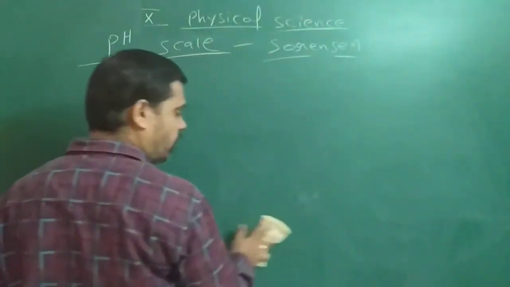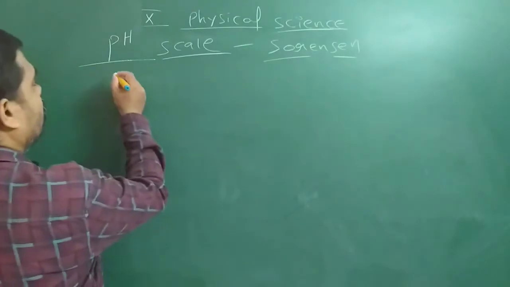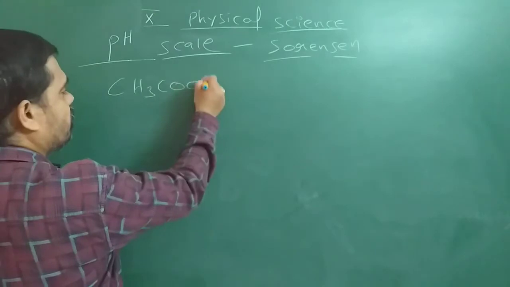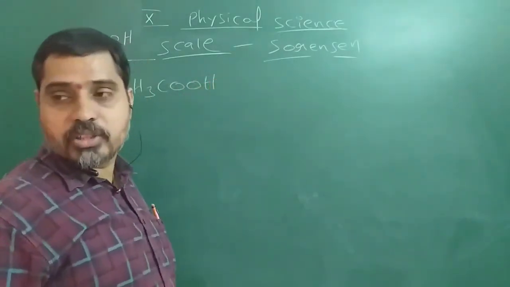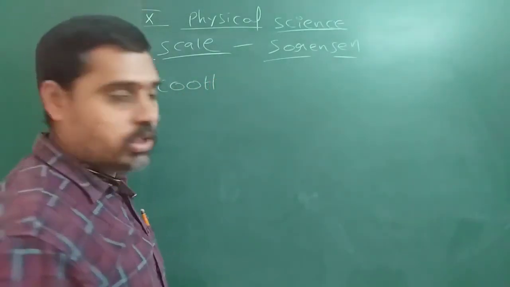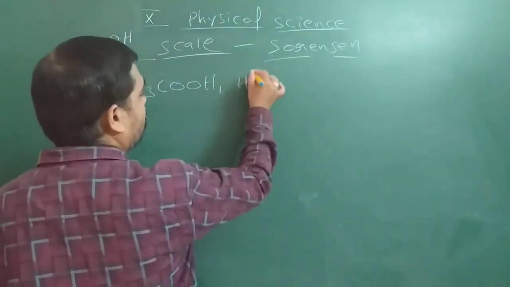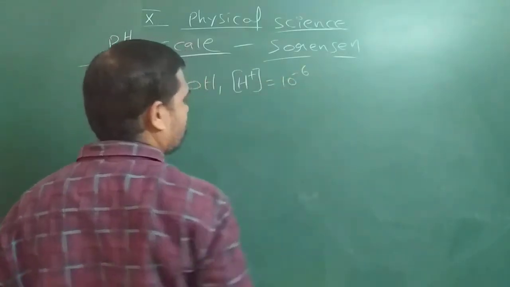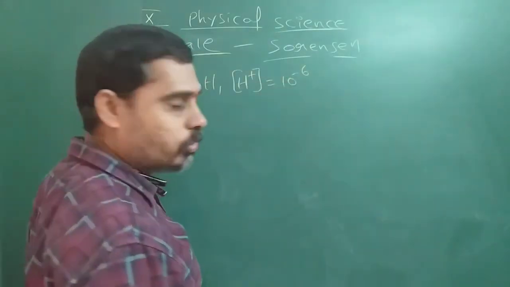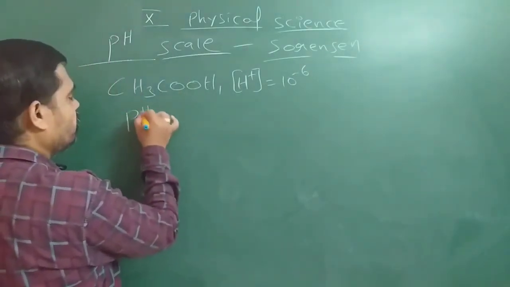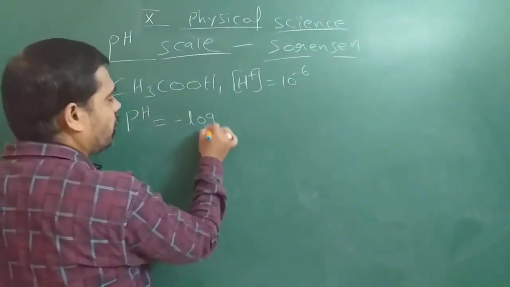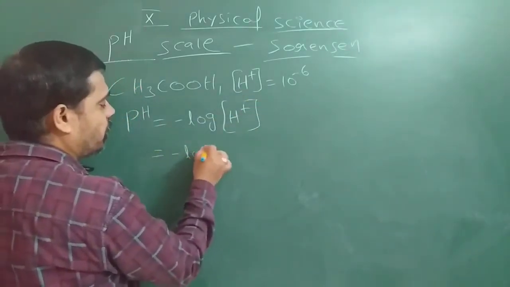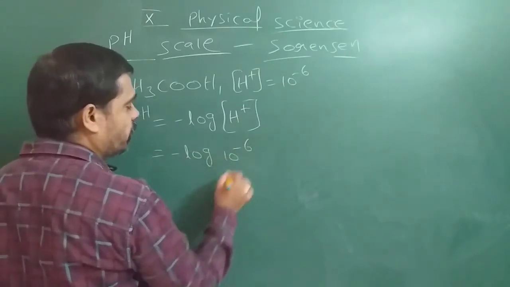Here, the H plus ion concentration in acetic acid, CH3COOH, is 10 power minus 6. Then what about the pH value? pH is equal to minus log of H plus ion concentration, then minus log of 10 power minus 6.